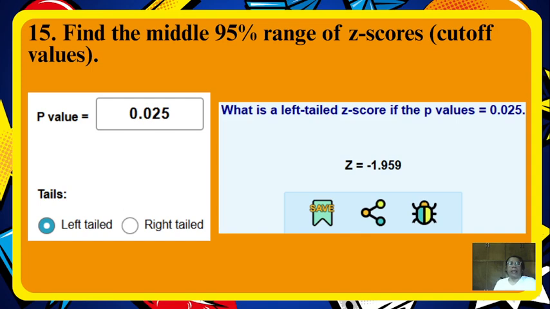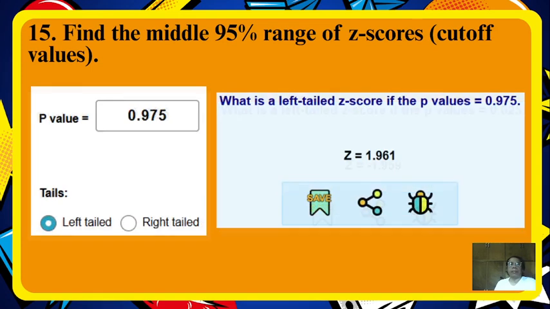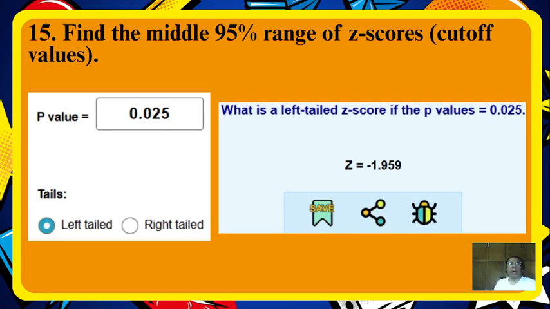And that's our middle 95% of the Z-scores. So Z is negative 1.959. And of course, the other one is the positive value, 1.961. Take note that here we have the p-value 0.025.